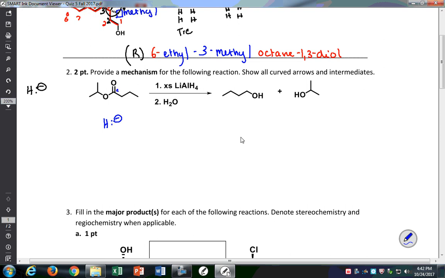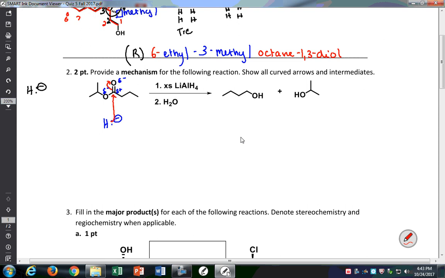So that'll be this partial positive carbon that's between 2 partial negative oxygens. So we will get an attack, and then we will push the electrons onto the oxygen. Remember, we do not have a straight SN2 reaction because that doesn't occur very well in an sp2 carbon.